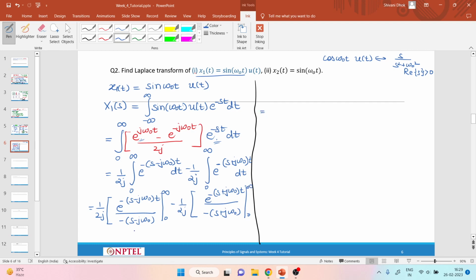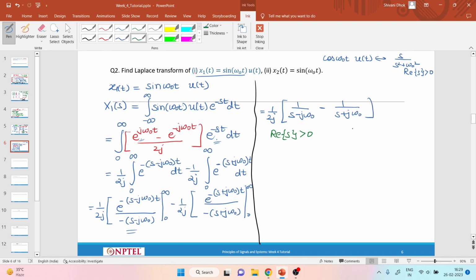Now the first one, at t tending to infinity, will lead to 0 only when my real part of s is greater than 0. So this will lead to 1 upon 2j, 1 upon s minus j omega naught, and this will happen when my real part of s is greater than 0, minus 1 upon s plus j omega naught.